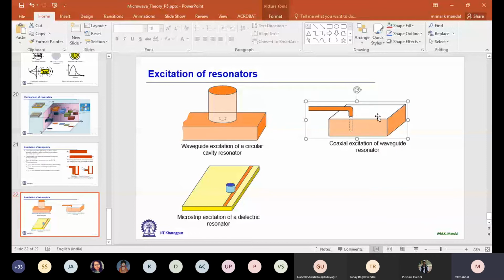Second example, here we are exciting the waveguide with a coaxial cable. If you look carefully, we can see the outer metal here, and it goes through one aperture on the top wall. The aperture is not very clear, but we must have a hole. Otherwise, where does the electromagnetic wave go?